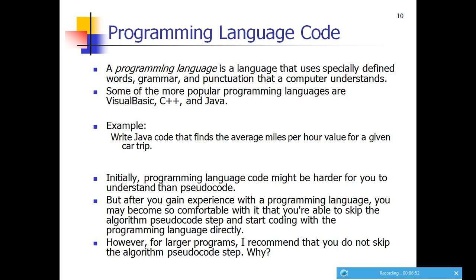But after you gain experience with a programming language, you may become so comfortable with it that you are able to skip the algorithm pseudocode step and start coding with the programming language directly. However, for larger programs, I recommend that you do not skip the algorithm pseudocode step.